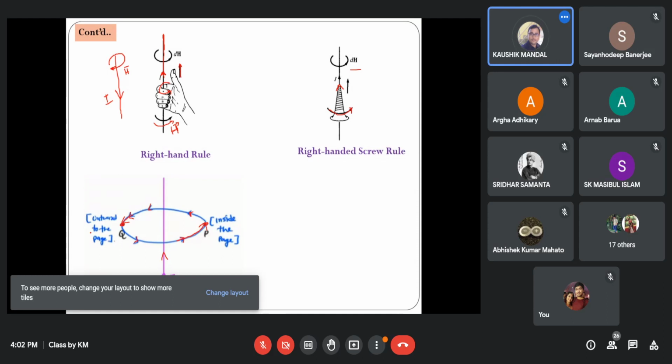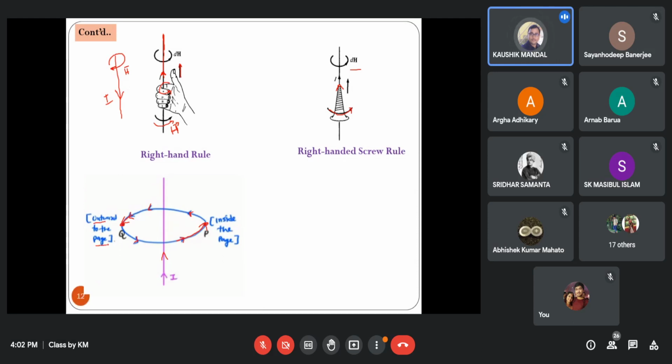At point Q it is outward from the page, and at point P it is inside the page. Normally if it is outward from the page, the magnetic field is denoted by this particular symbol.